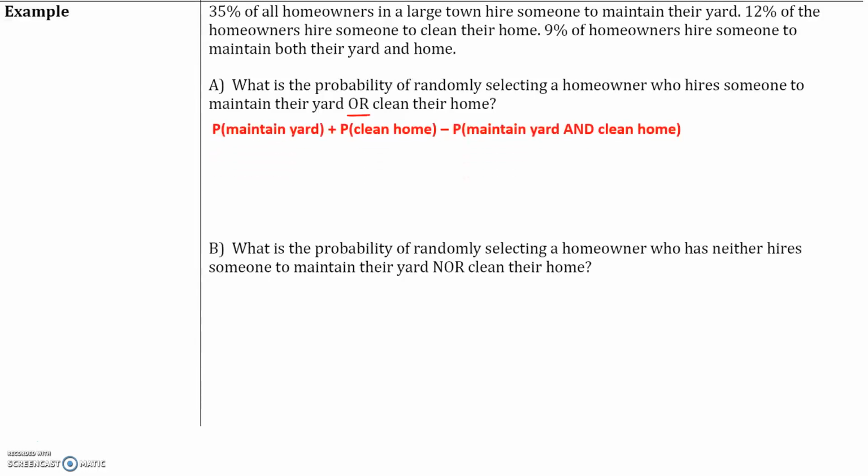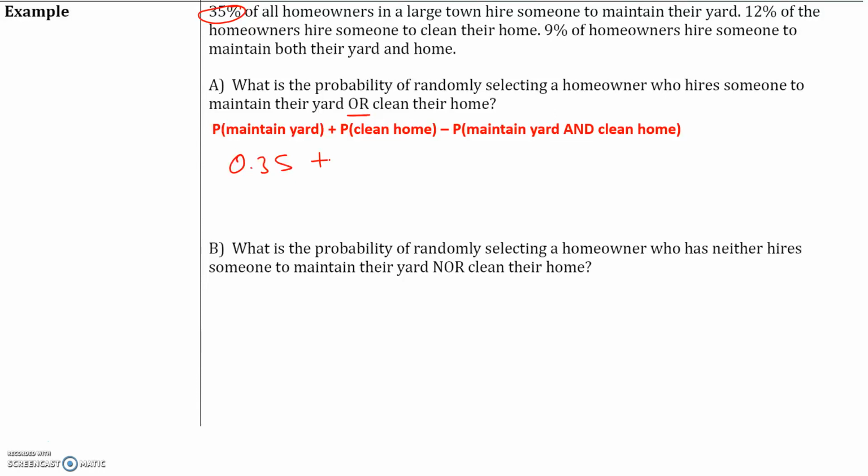It's the probability of the first event, which is that they hire someone to maintain the yard, plus the probability of the second event, that the homeowners hire someone to clean their house, minus the probability of both events happening at the same time, so maintain yard and clean home. So what's the probability that the homeowner has someone to maintain their yard? That's 35%, or 0.35.